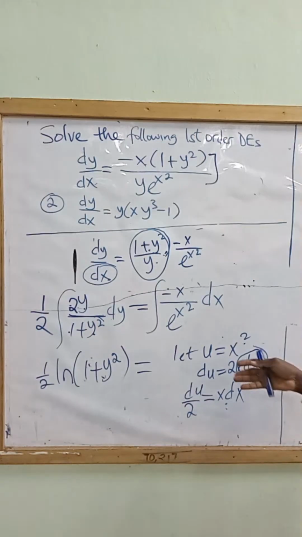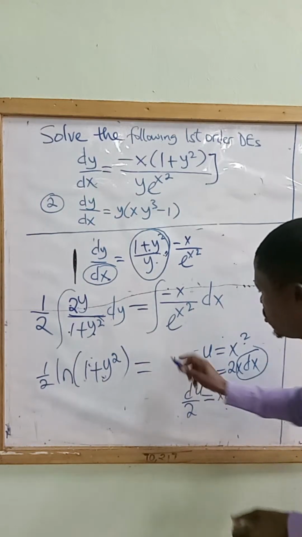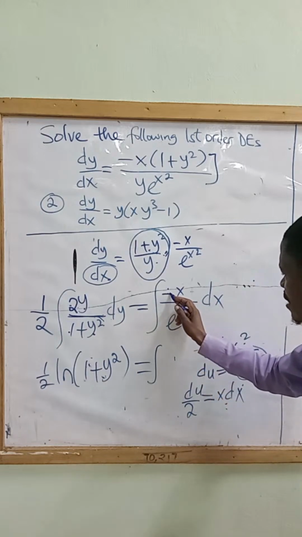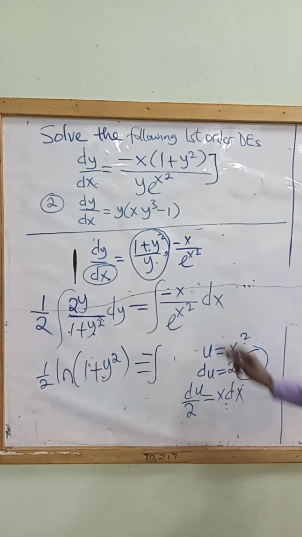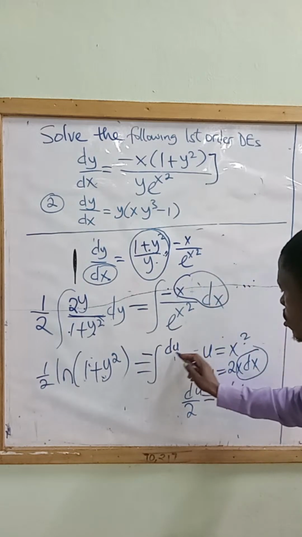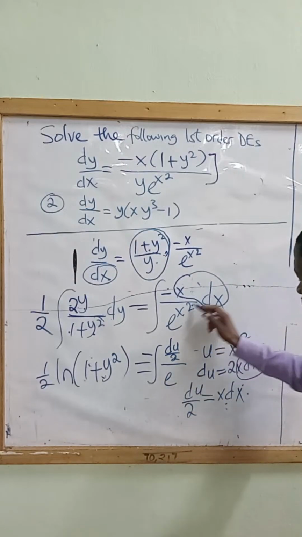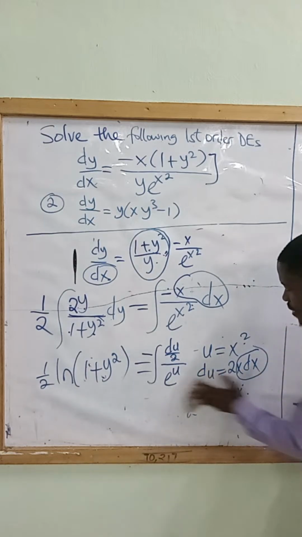I make the substitution: take the minus outside the integral sign. Then x dx is du over 2, over e to the power x squared, and x squared is u. So that's what we have in this case.